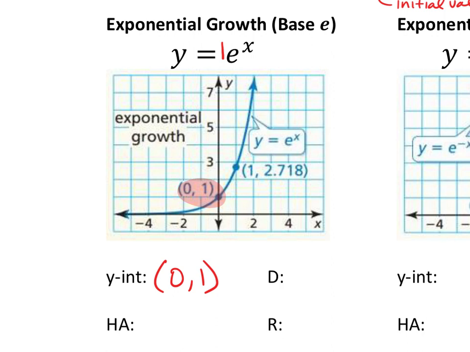We like base E as our parent function. And then if we look, every single time after this, the output is multiplied by that number E, 2.718. So this is going to grow at a very specific rate because of the E value there, because the base is always going to be E for natural base.